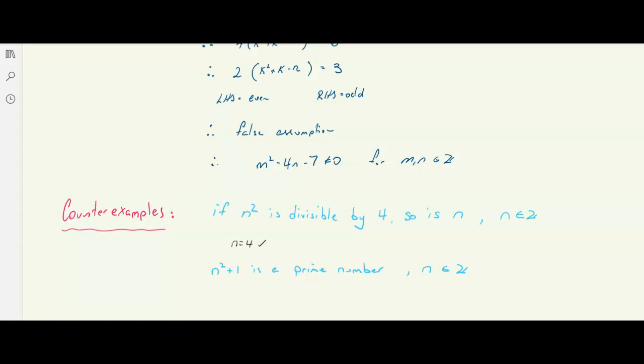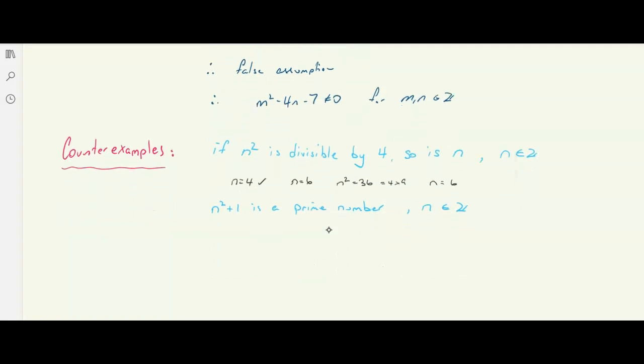What about n equals 6? We get n squared is equal to 36. That's divisible by 4, because that's equal to 4 times 9. But then n is equal to 6, which is not divisible by 4.